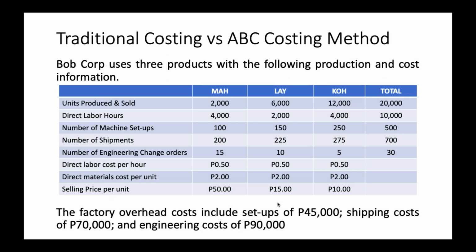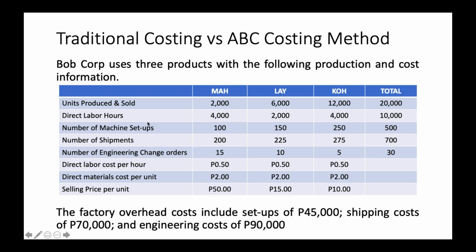Okay, now let us apply ABC costing and compare it to the traditional way of assigning factory overhead using traditional costing, so that we can have a better understanding of the purpose or objective of ABC costing, and that is to be able to compute the true cost of the product being produced.